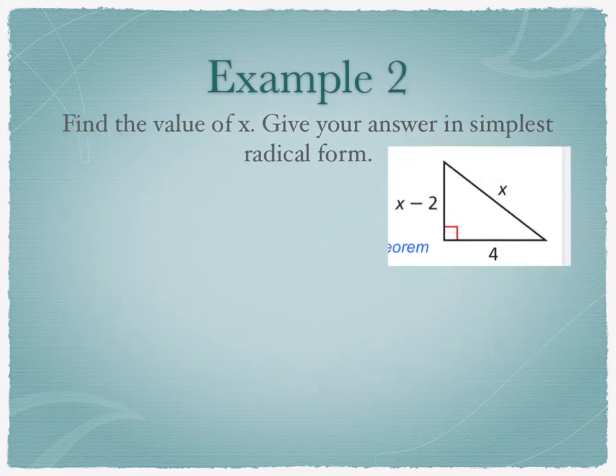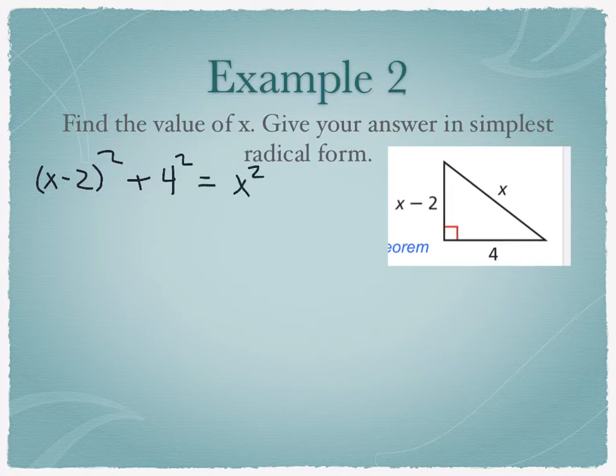Okay, let's look at example 2. Find the value of x. Give your answer in simplest radical form. So what's our a? X minus 2 squared plus, what's our b? 4 squared. And what's our c?